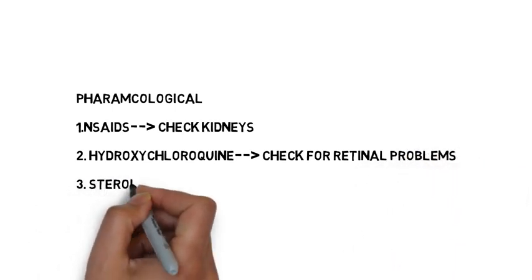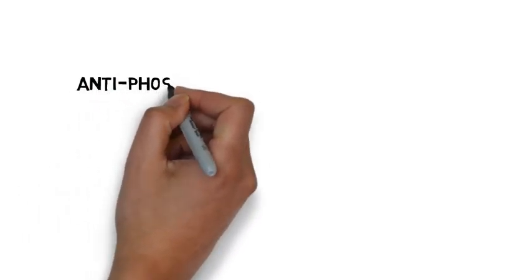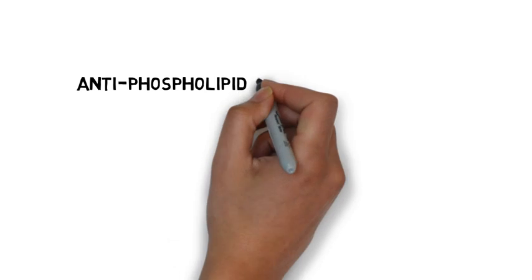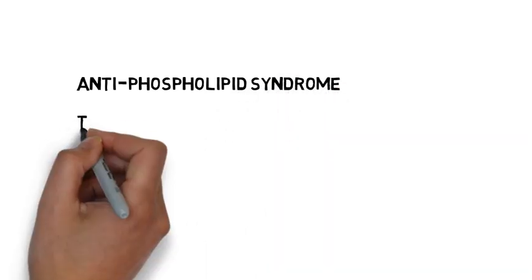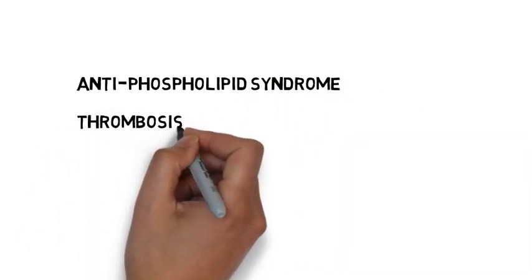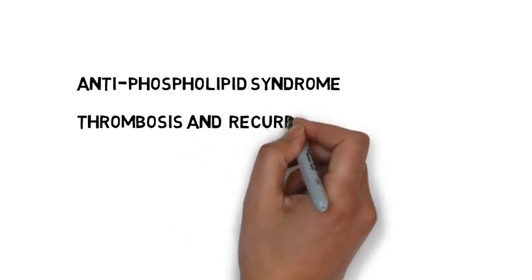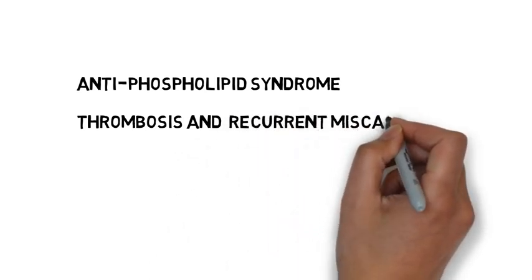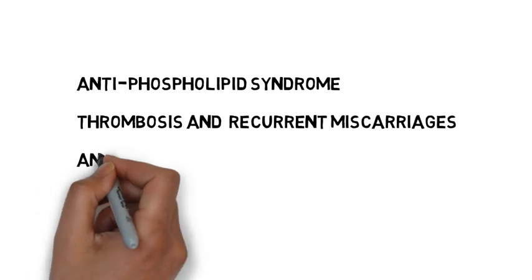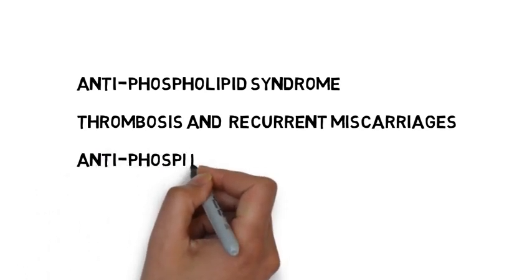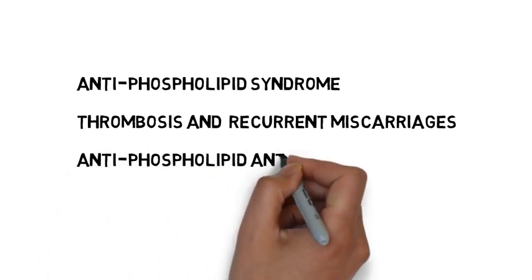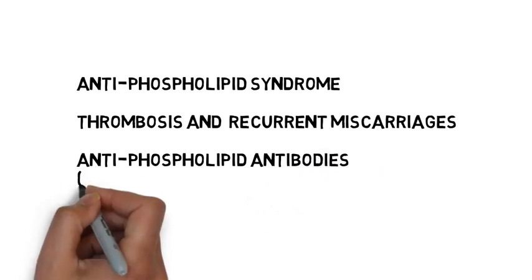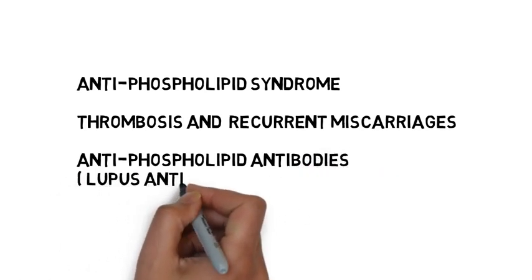And you can use NSAIDs, but it is important to check the renal function, as people with lupus are prone to kidney difficulties. And also hydroxychloroquine can be used to help with the skin disease and fatigue if it's not controlled by non-steroidals.